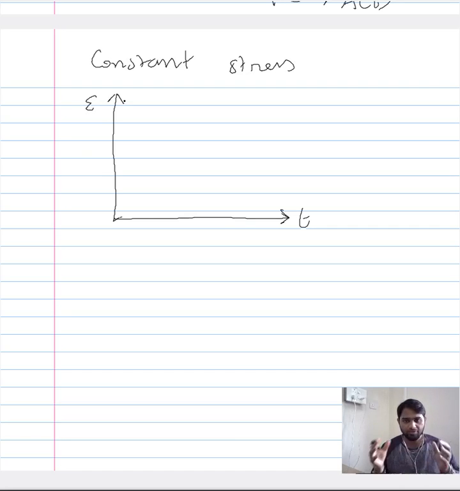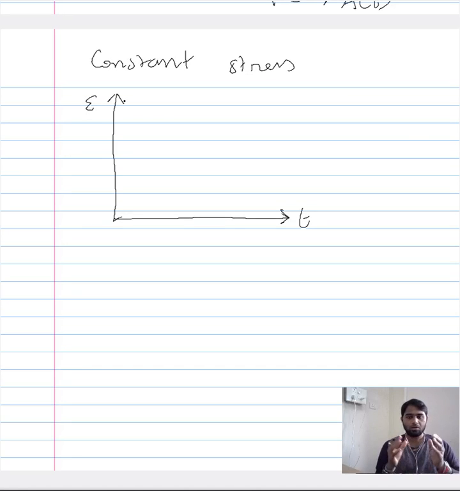So in the general case, when the stress we impose with respect to the instantaneous cross sectional area is constant, you could easily represent the creep behavior in terms of creep strain and time.